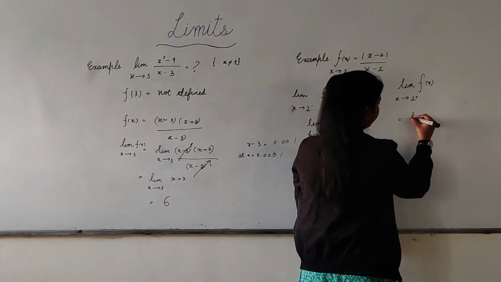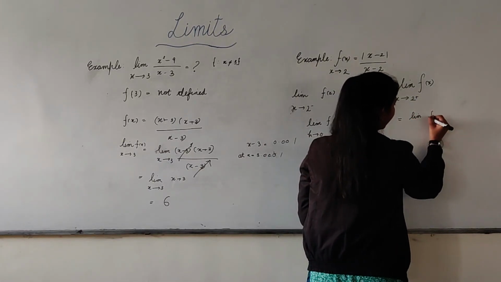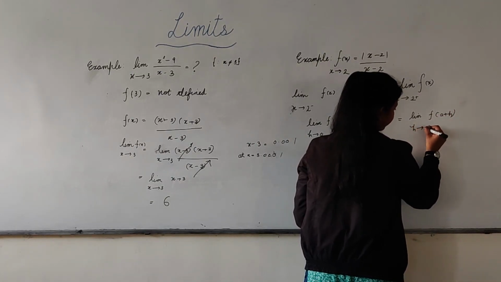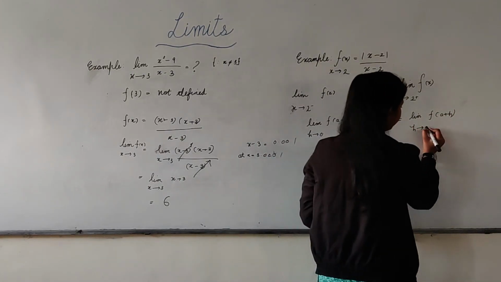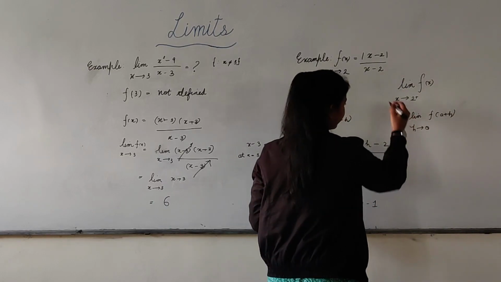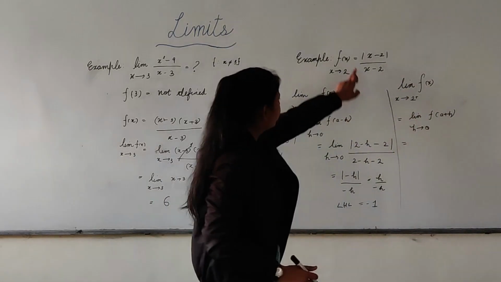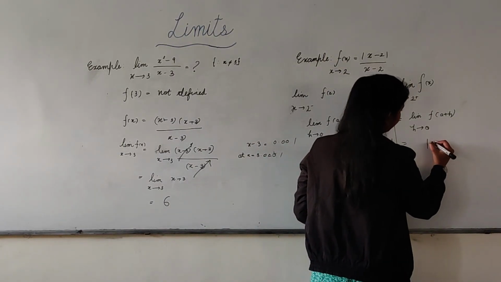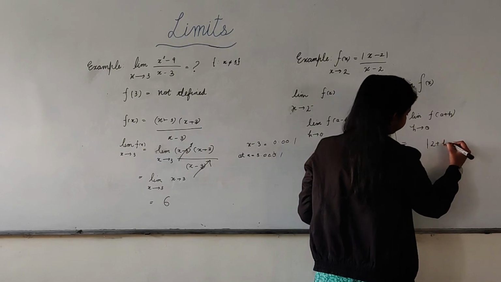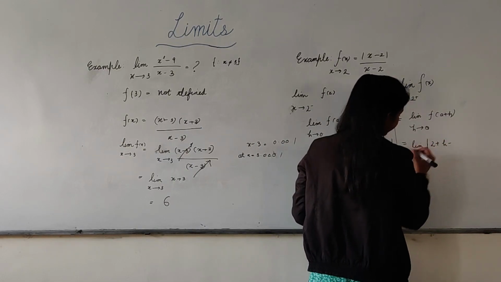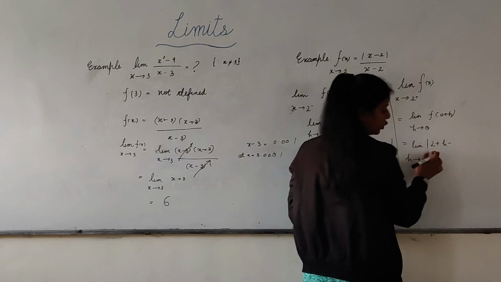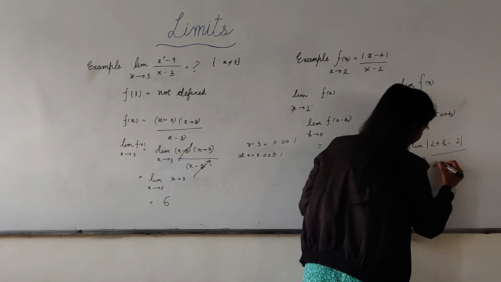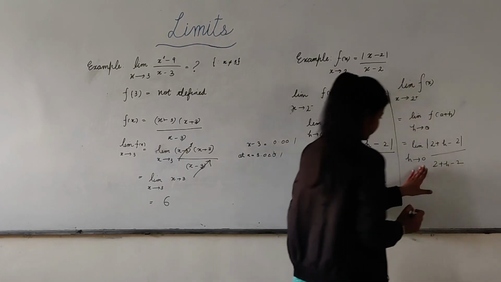We write here limit f(a plus h) as h tending to 0. So by putting the value of f(x), we get limit h tending to 0 of modulus of (2 plus h minus 2) upon (2 plus h minus 2).